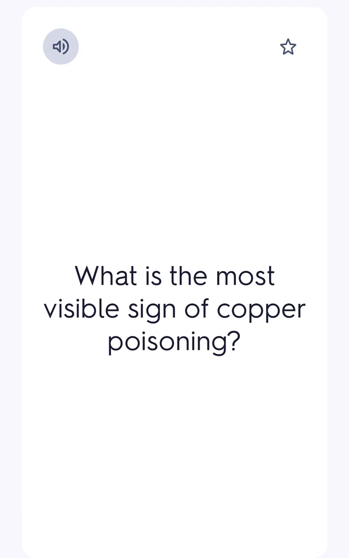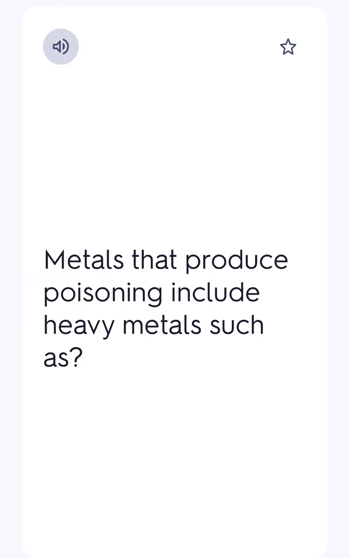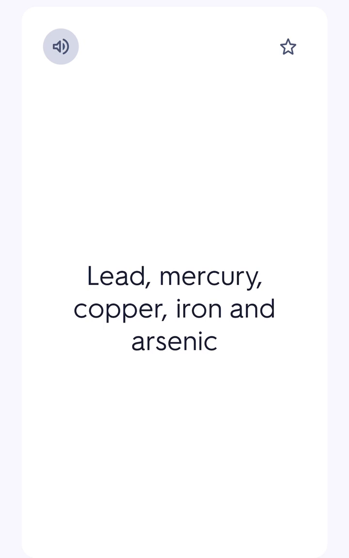What is the most visible sign of copper poisoning? Kayser-Fleischer rings in Wilson disease. Metals that produce poisoning include heavy metals such as lead, mercury, copper, iron, and arsenic.